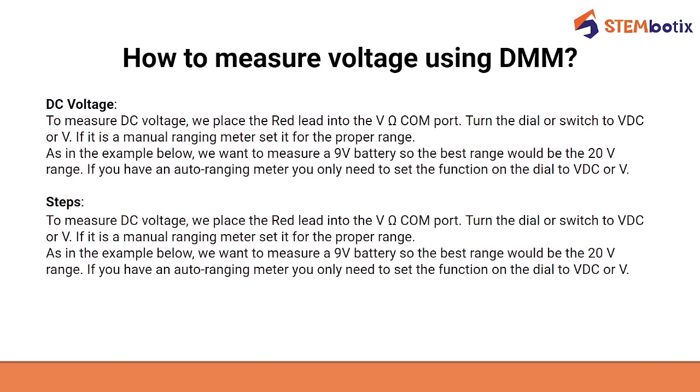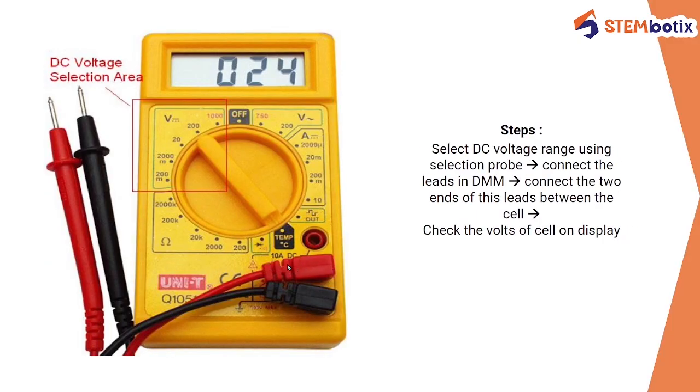Now let's discuss the steps. To measure DC voltage, we first place the red lead into this voltage ohm port. The black probe you will insert into this common port over here. Always connect the black probe first.